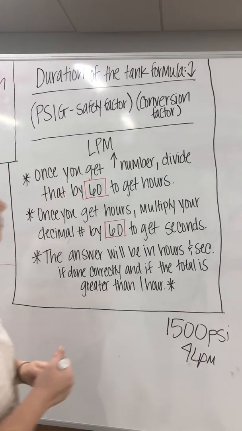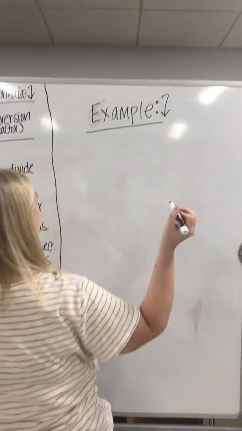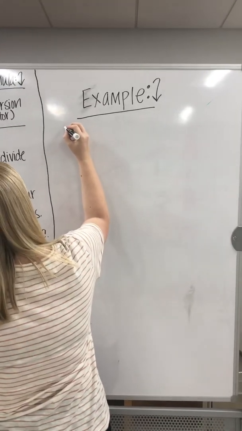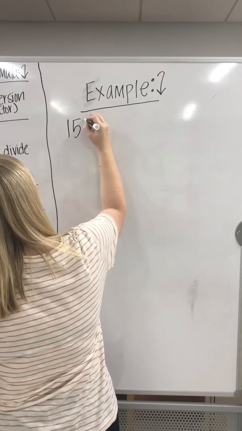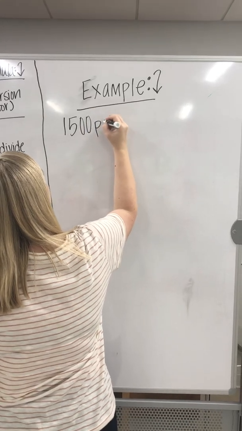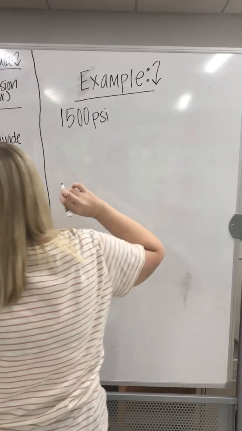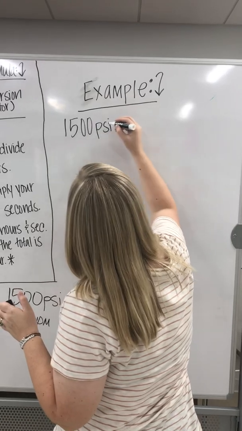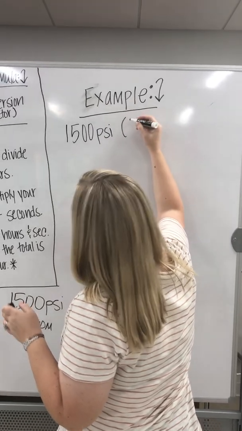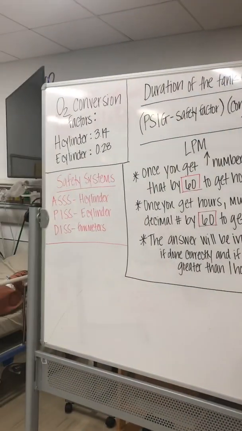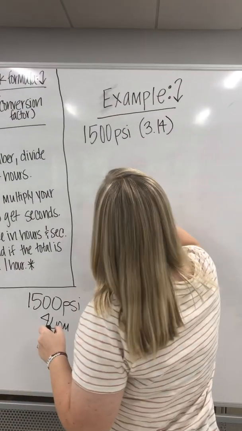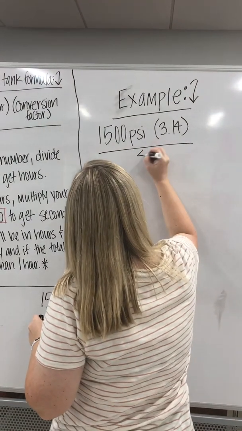So we'll start there. Based on the H cylinder that we're going to use, our PSI is 1500. We're not going to use a safety factor for right now. So 1500 PSI times 3.14 divided by 4 liters per minute.